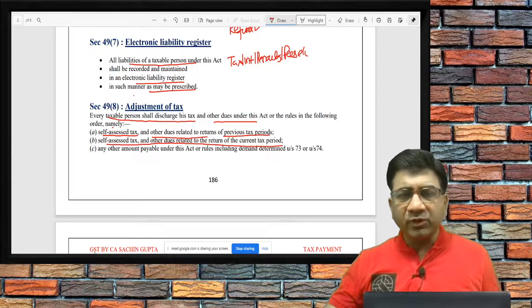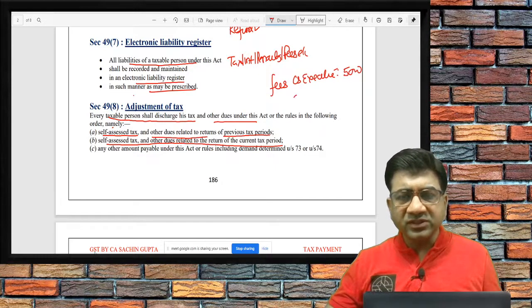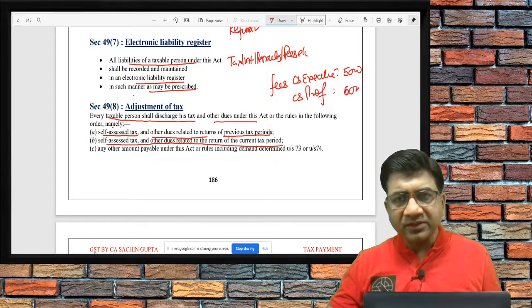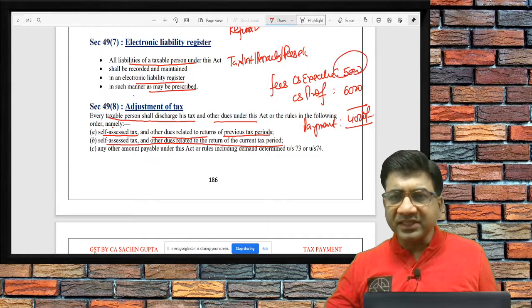No. For example, your CS Executive fees is pending, 5,000 rupees. And your CS Professional fees is pending, 6,000 rupees. You make a payment of 4,000 rupees. So that will be accounted not for CS Professional, that will be accounted for CS Executive.